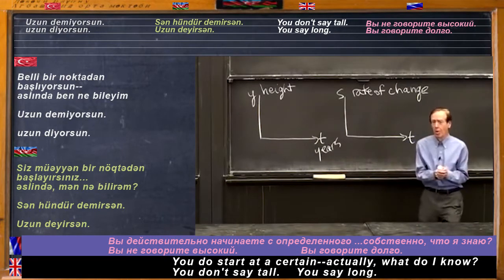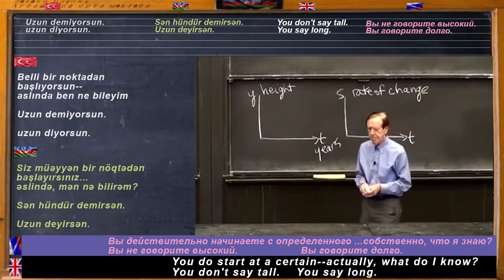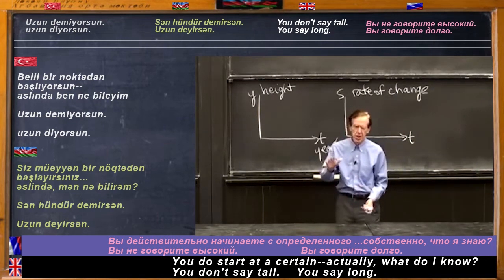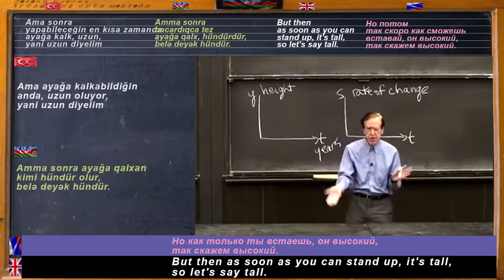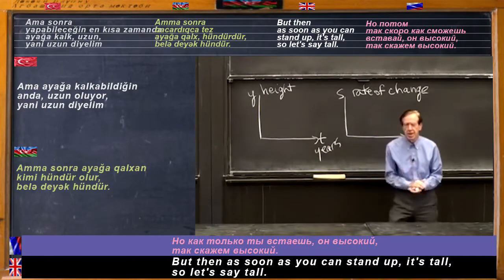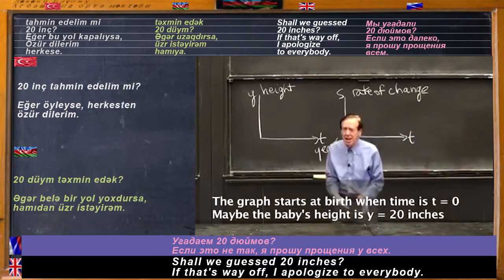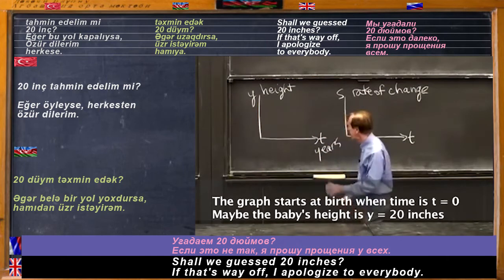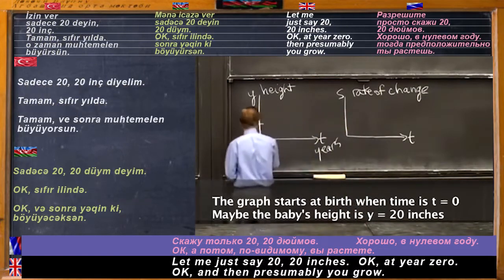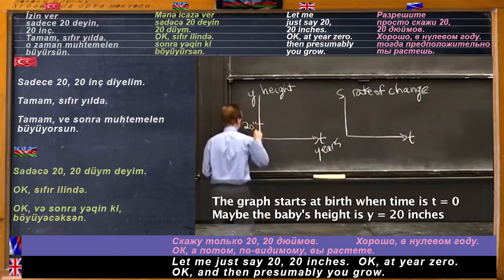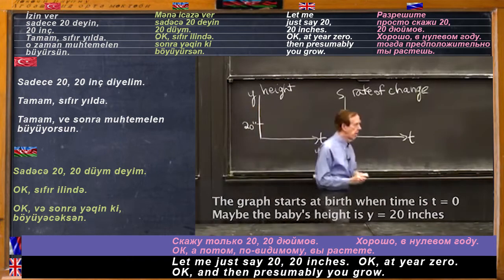You don't say tall, you say long, but then as soon as you can stand up, it's tall. So let's say tall. Shall we guess 20 inches? If that's way off, I apologize to everybody. Let me just say 20 inches at year 0.